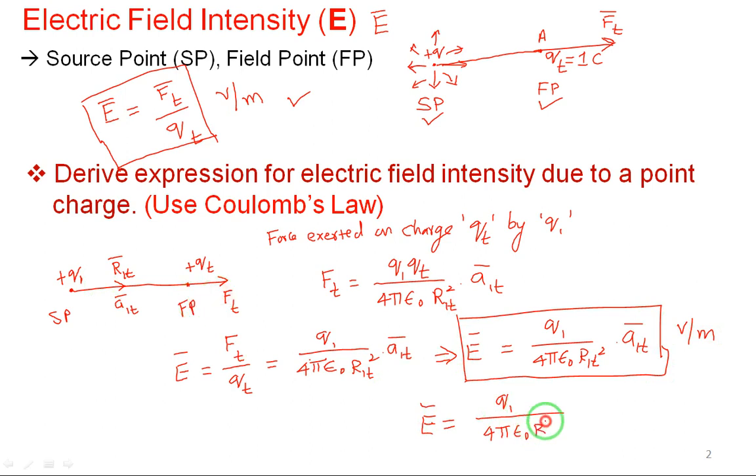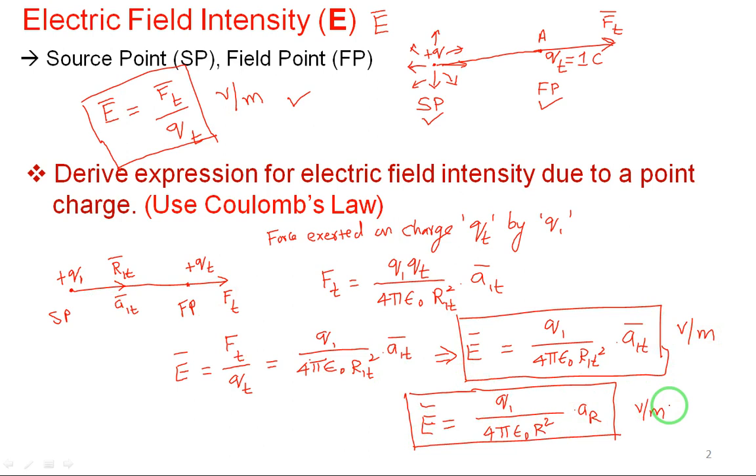If I take it as r, simply I can write r square, and the unit vector is ar. Simply I can write it like this. Is it fine? Both are one and the same, the two equations. Okay, I hope you have understood this.